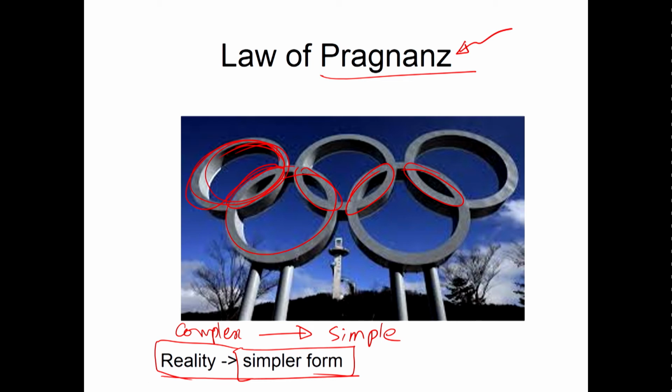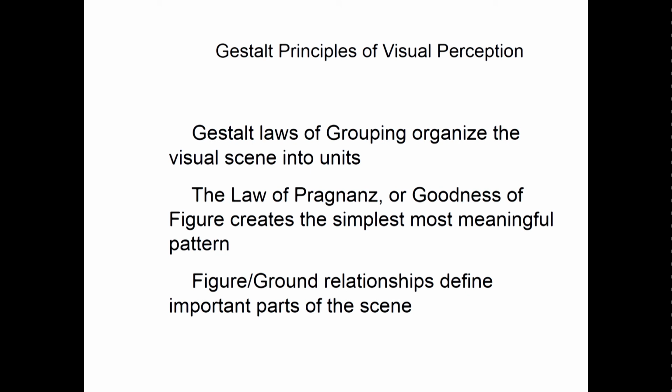Instead of perceiving each of the 1, 2, 3, 4 such smaller objects, we do not perceive them. Okay. So, this is one good example of pregnance. We want to reduce complex figures into simpler figures. The law of pregnance, or goodness of the figure, creates the simplest meaning out of a complex object.